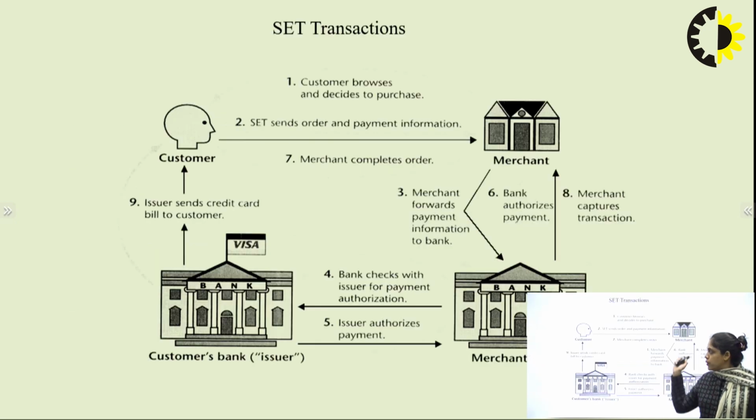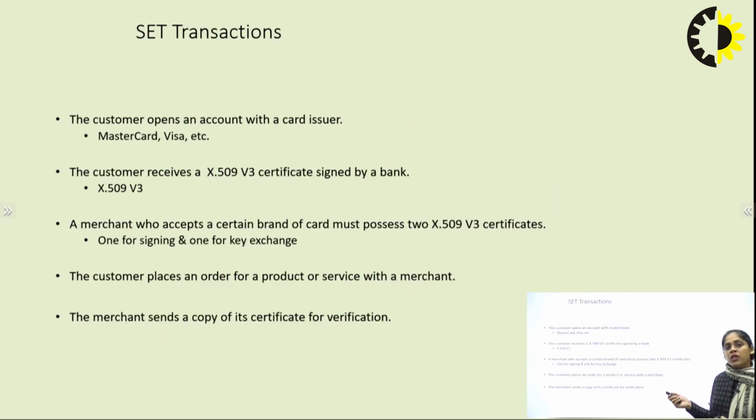So whatever we have talked about in this diagram, the actual transmission of information from one point to another, you can say this is the step-by-step procedure for a SET transaction. It is explained over here which particular mechanism is used for setting up SET securely.